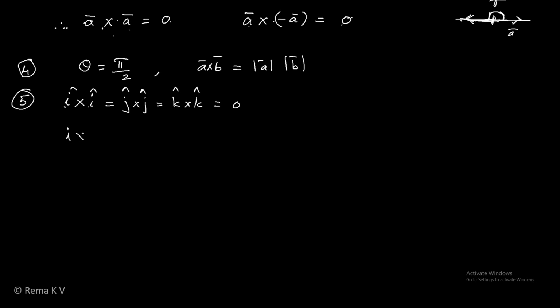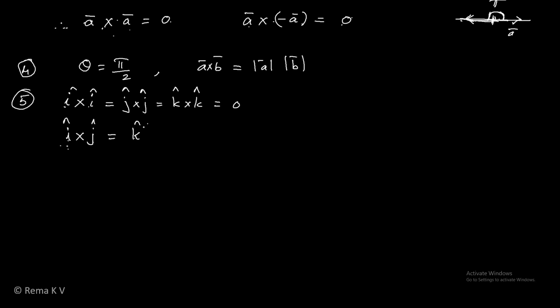Can you say what will be this I cross J? I cross J is equal to K, as this cross product is defined as a vector which is perpendicular to both the vectors. I, J and K are mutually perpendicular unit vectors.